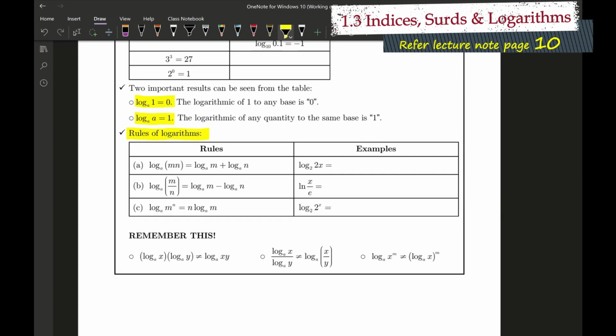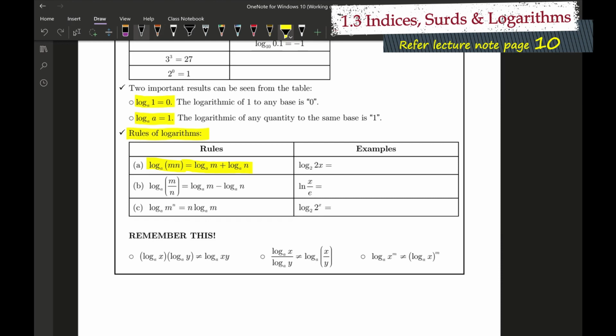law of log when involving product, n multiplied by n, log base a, when you convert by using law of log, it can be written as sum of two logs, which is log m base a plus log n base a.